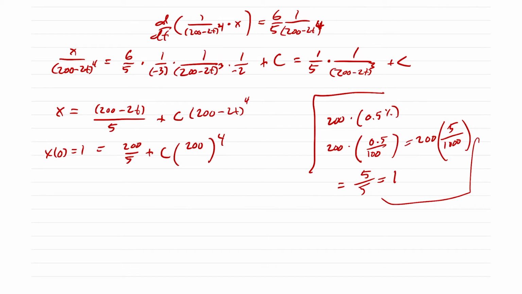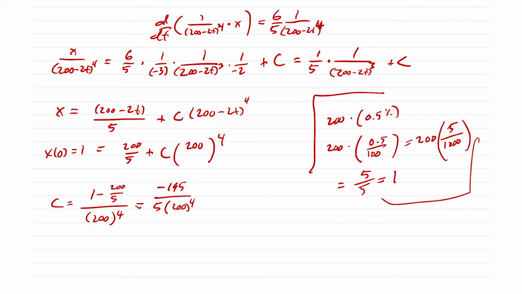Looks pretty ugly. So then we get that c should be equal to 1 minus 200 divided by 5, divided by 200 to the 4th power. We can simplify that a little bit. So 5 over 5 is 1. So we get minus 195 divided by 5 times 200 to the 4th power.